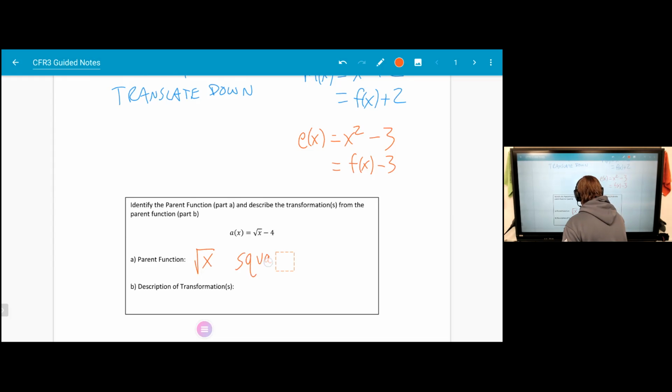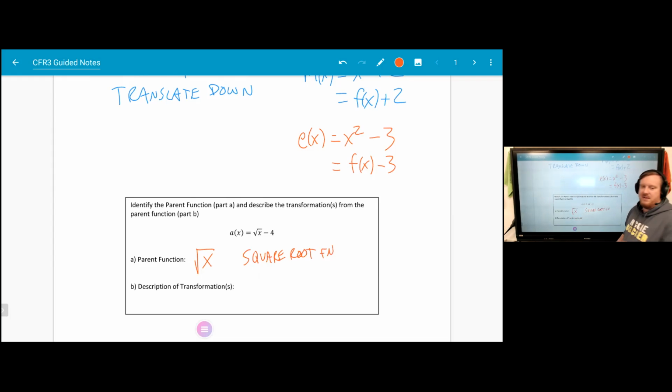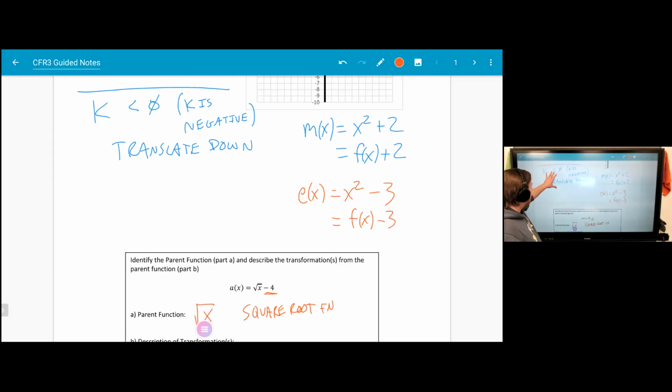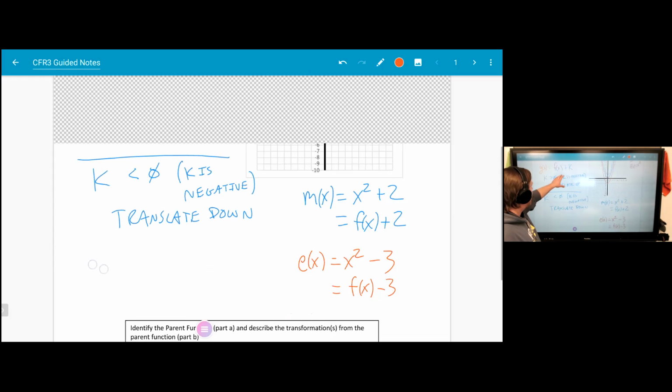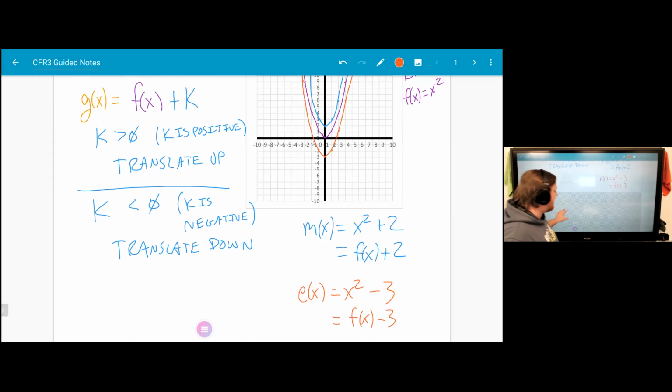The square root function. Fn, we're going to go Fn for function. And if I'm going to describe it, since this is minus 4 at the end, I just said that if k is less than 0, so if k is negative, this will translate down.